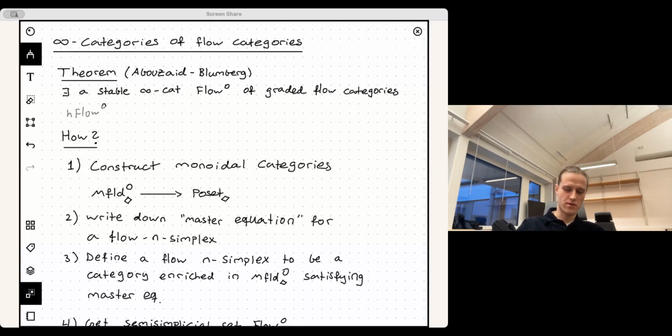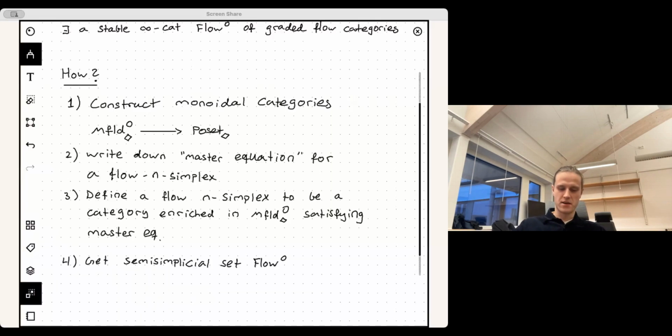So how would one go about constructing such an infinity category? Well, the way Abouzaid and Blumberg do it is that they start by constructing a functor of monoidal categories from a category called manifolds with corners O to a category of posets. So what's this guy? This has these manifolds with corners as objects, and the morphisms are very strict. They're not like any smooth map of manifolds.